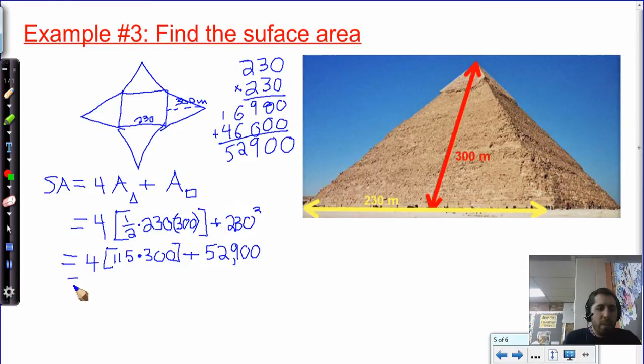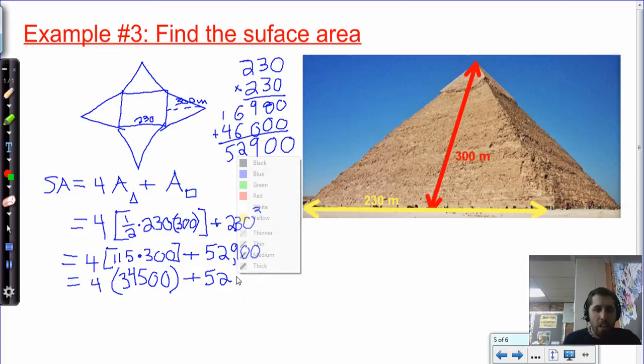Alright, we can do 4 times 115. 115 times 300, we could just multiply this times 3. 3 times 15 is 45. 3 times 100 is 300. And then we'll add our 2 zeros. So we have 4 times that plus 52,900.